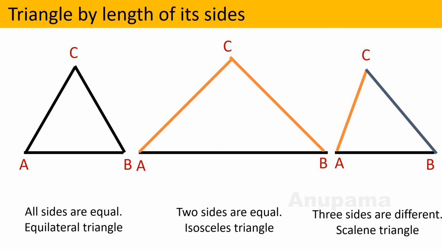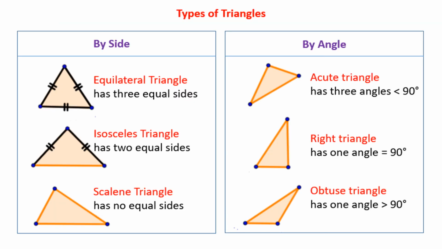So in short, we can understand this that on the basis of side, if all three sides are equal, then it is called equilateral triangle. If two sides are equal in length, then it is called isosceles triangle. And if all three sides are different, then it is called scalene triangle.